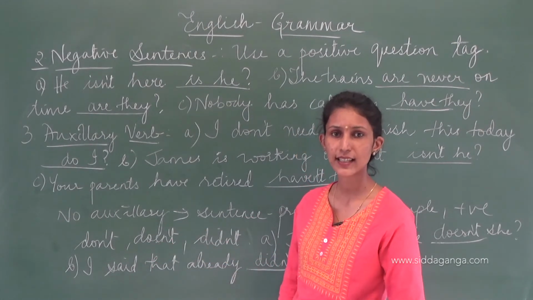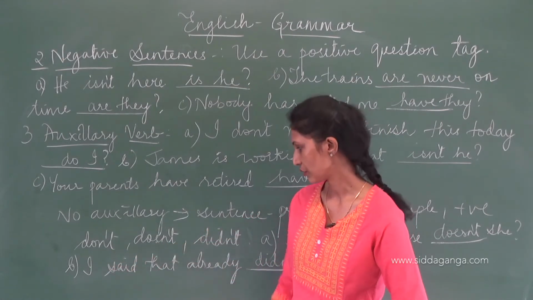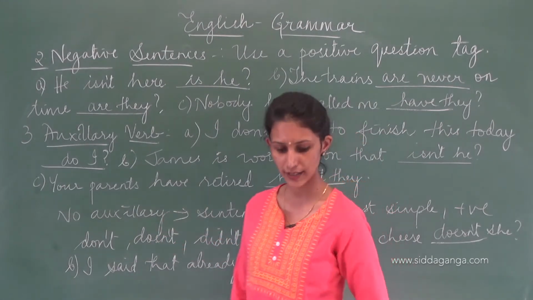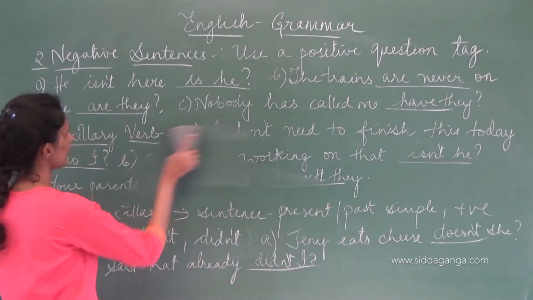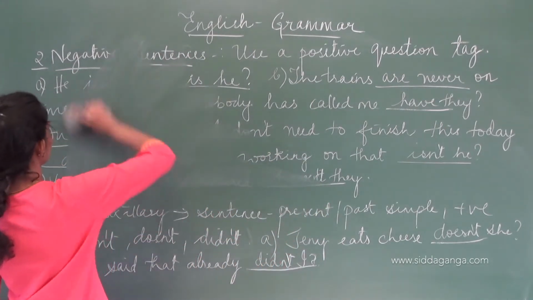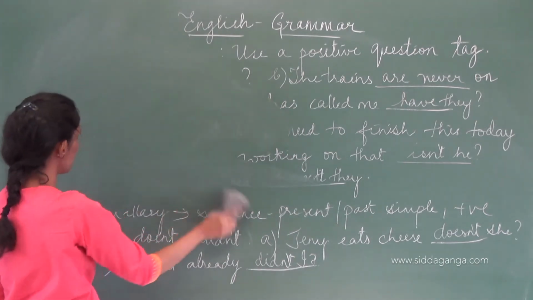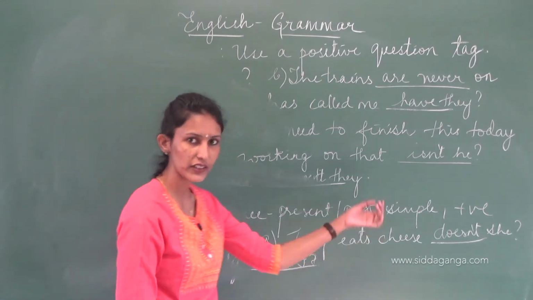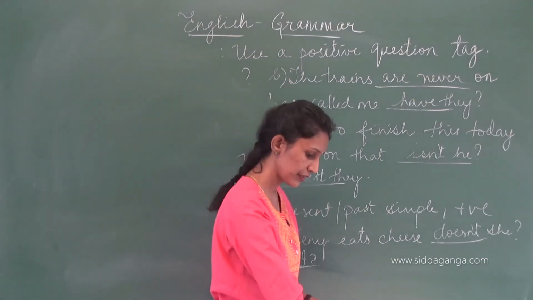Adventures fascinate you, don't they? They do fascinate you. So do, doesn't, didn't are used when there is no auxiliary and when the sentence is in present simple or past simple and the statement is positive. So you must remember these rules, otherwise just guesswork will sometimes do, but still if you know, it's better.